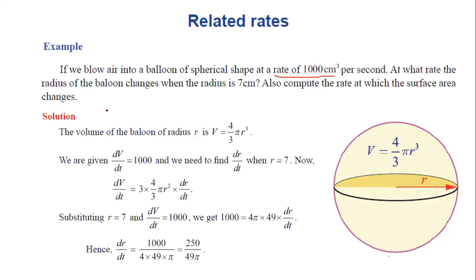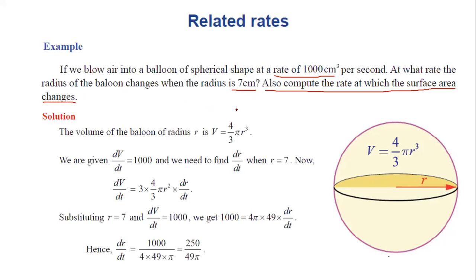At what rate does the radius of the balloon change when the radius is 7 centimeter? That is one parameter available here, and the rate of change is given. Then we have to find the rate of change of the other one. Also compute the rate at which the surface area changes.